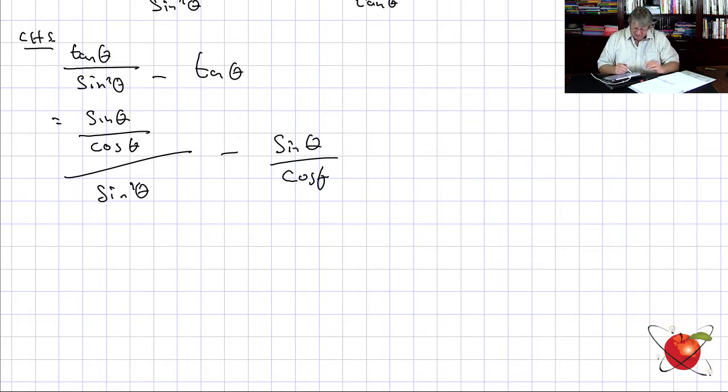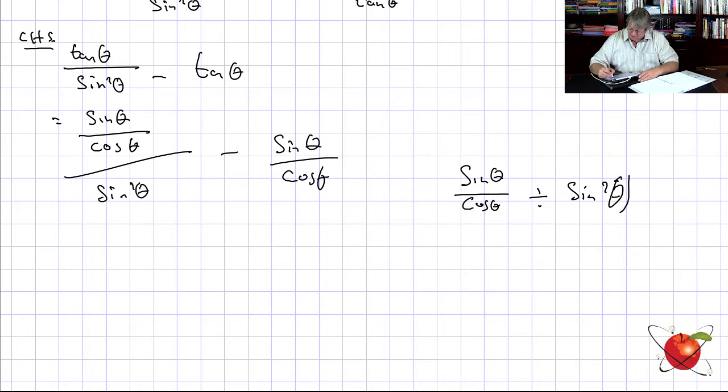Then what do I do next? Well now, I can't factorize this, but you can see sines, cos, fractions. We are dividing. Let's recap. What have we got here? Sine theta over cos theta, that's the top, divided by sine squared theta.